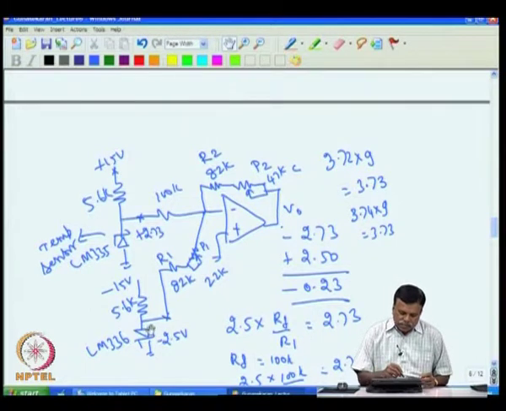So, this zener drift alone gives a 0.75 degree C error at the output. This is the first error.